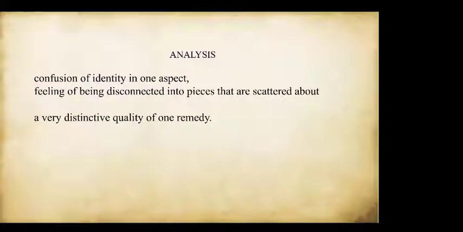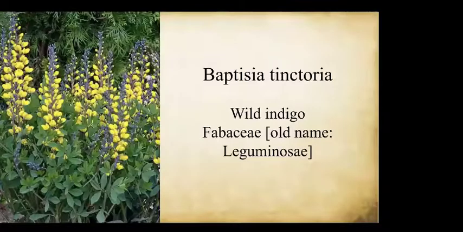So we have confusion of identity as one aspect, and feelings of being disconnected into pieces that are scattered about as another aspect, and each one is supported by many, many rubrics. We have a distinctive quality of one particular remedy. And that remedy is Baptisia, the wild indigo.